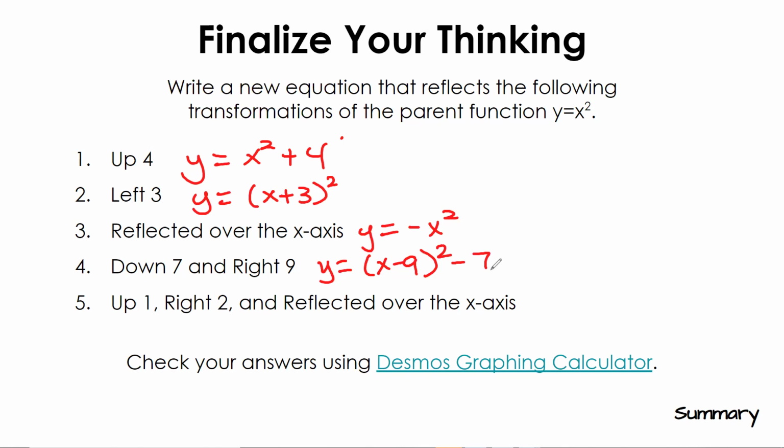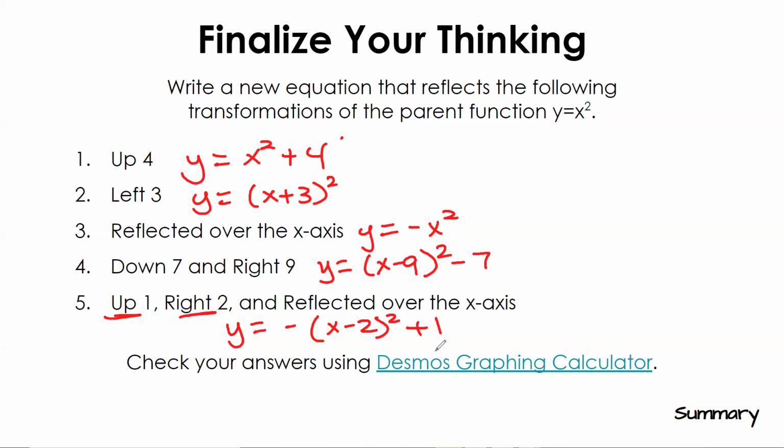All right. Number 5, we've got up 1, right 2, and then reflected over the x-axis. So we got y equals negative, and it's right 2, so (x minus 2) squared, up 1, plus 1. You can always check these in your graph. You can graph them and then compare it to y equals x squared. You should never get these wrong.